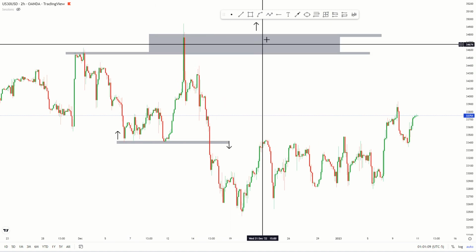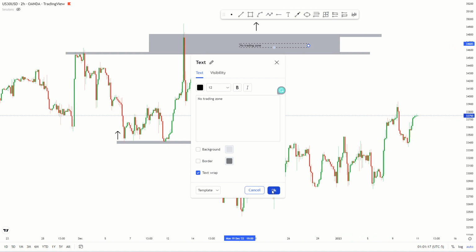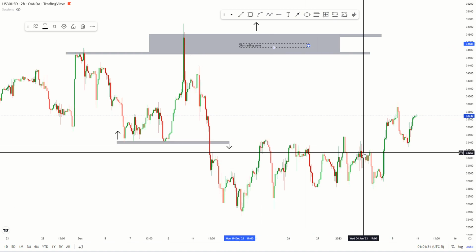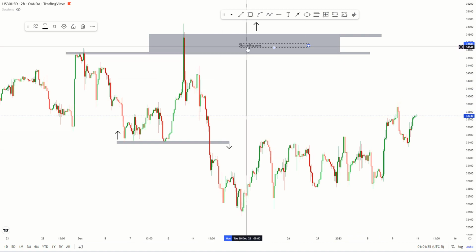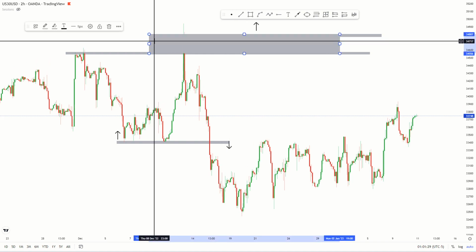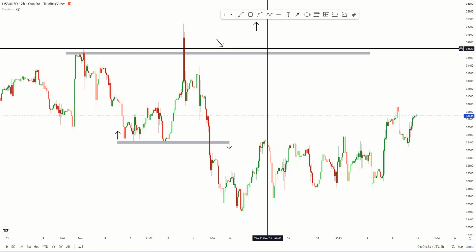Why is this a no trading zone? Because you don't know who's in control. You never want to trade when you're in a position where you don't know who's in control. Please do not trade if you cannot tell me who's in control of the current market, right? Please do not trade if you don't know who's taking control of the current market.